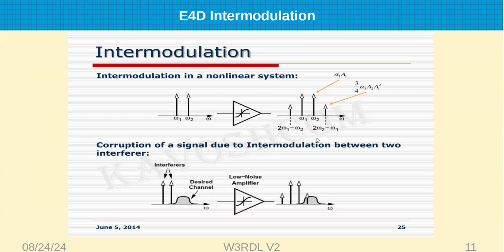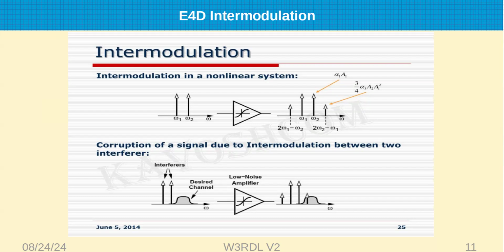This one is just showing what intermodulation is. We have two signals, omega 1 and omega 2, and they're coming into this nonlinear amplifier. That's why it's got that kind of curved line through it. And what we get out of it are intermodulation products.